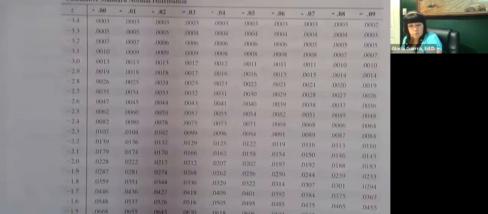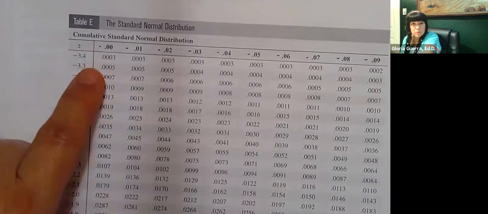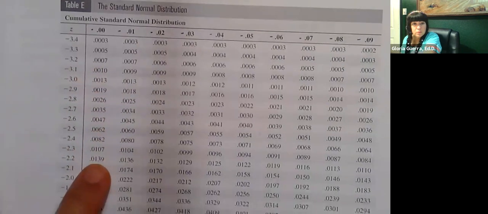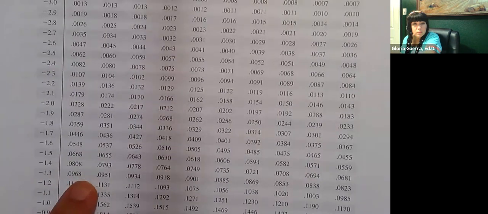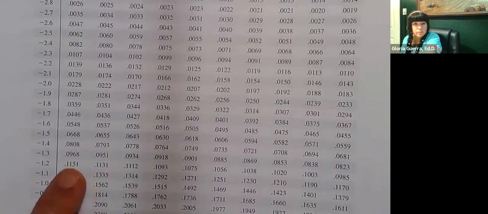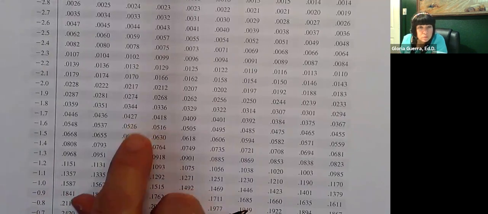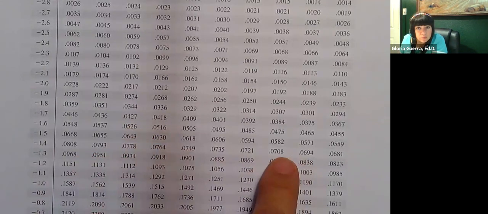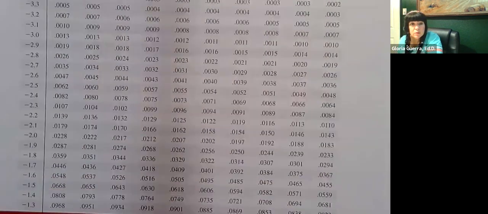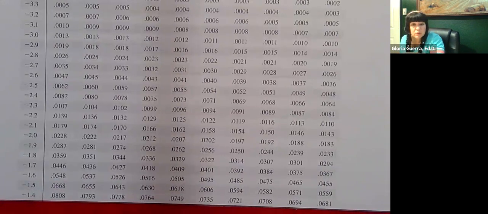You need to look for 0.07. Probably between these two, right?